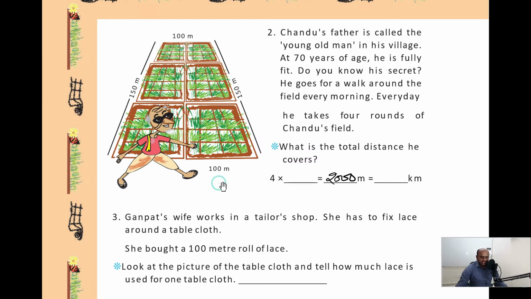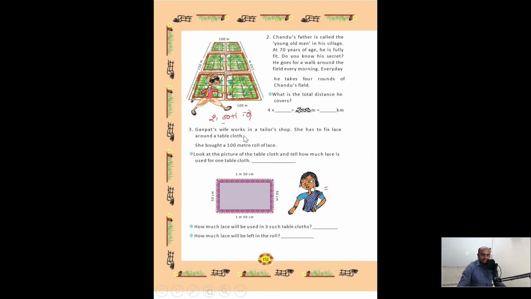In this case, I added 2 sides and multiplied by 2: 2 into 100 plus 150. 100 plus 150 is 250, into 2 is 500 meters.